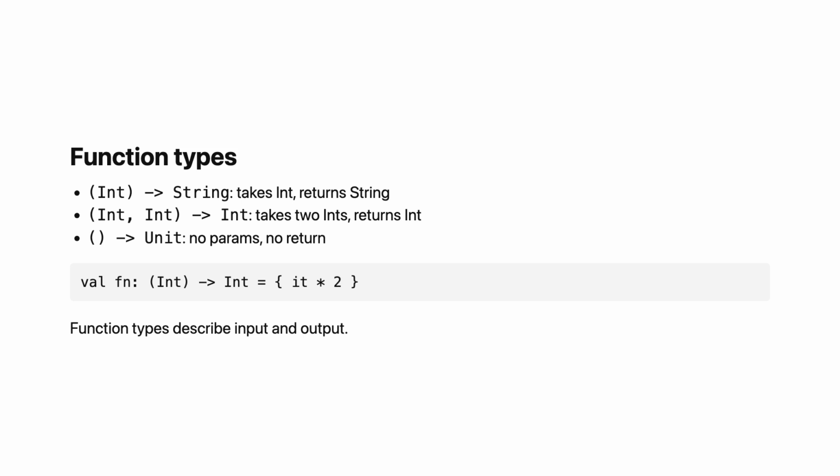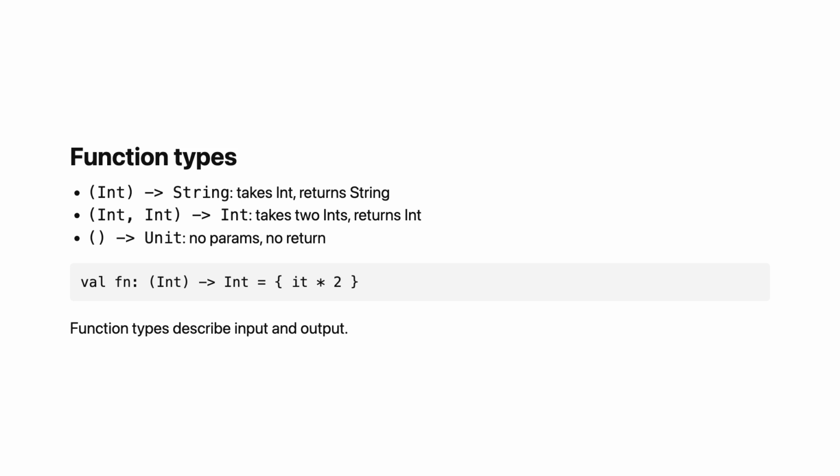You can declare variables with function types: val double: (Int) arrow Int equals open brace it times 2 close brace. The type tells you what the function expects and what it produces. Just like other types tell you about values, function types make functions first-class citizens. They can go anywhere a type goes.